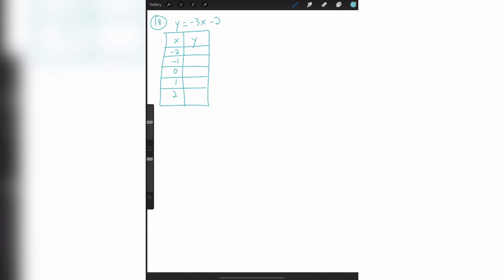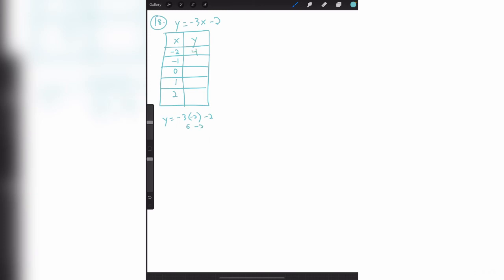So if I substitute in, let's say, y is equal to -3 times -2 minus 2, right? -3 times -2 gives me a positive 6. 6 minus 2 gives me 4.